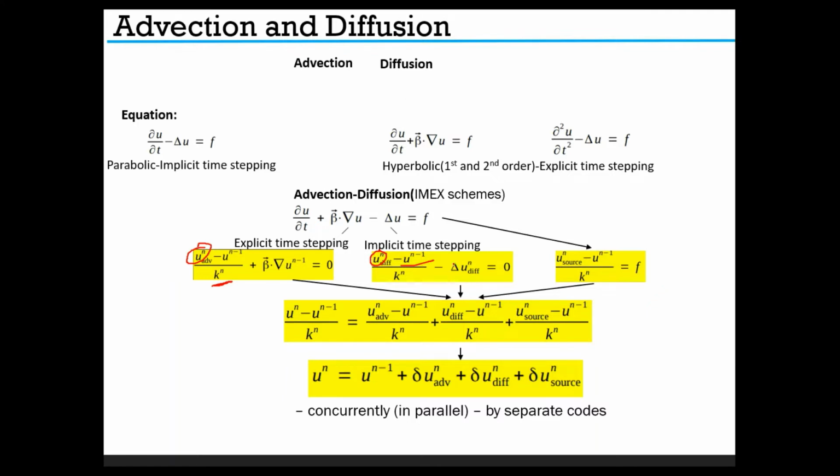However, we can get the differential values from this one, and after solving these three parts, it will merge into this type of equation, which is the summation, where this part comes from the advection, this part comes from the diffusion, and this is for the source part.